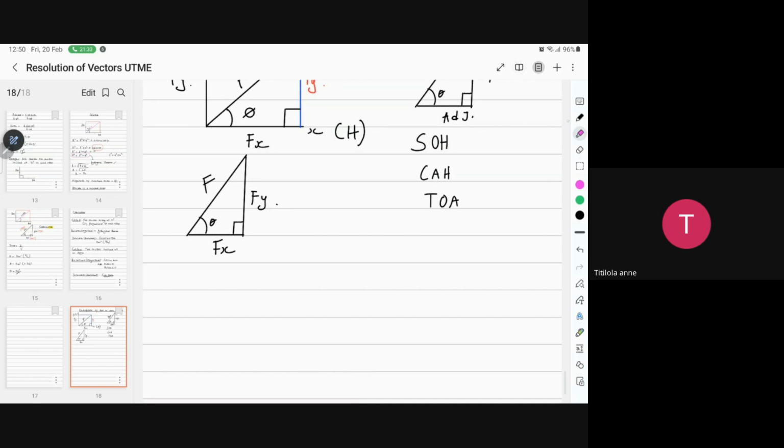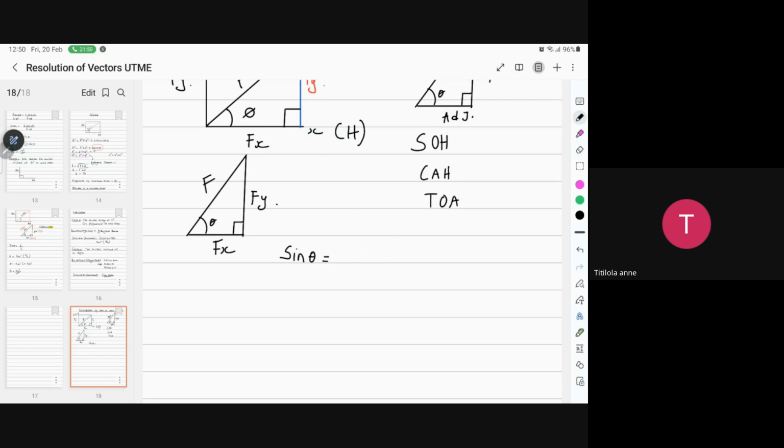Now, making use of your sine, it means that sin theta is equal to opposite over hypotenuse. What's my opposite here? My opposite is Fy. So this would be F subscript y.